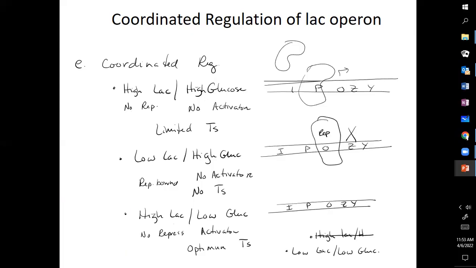Okay, so in conditions of low lactose, what happens? We would have repressor bound. So we know we're getting nothing. We might be able to bring in the activator and it might be recruiting polymerase, but it can't go anywhere because there's a repressor loop. So you would have no transcription. And this is the coordinated regulation of the lac operon.